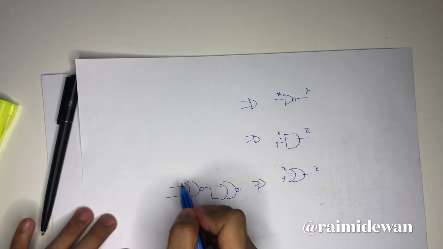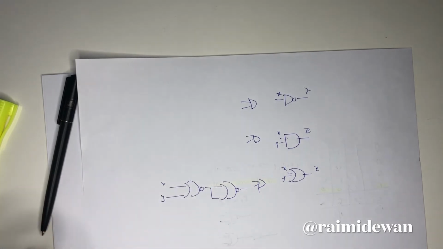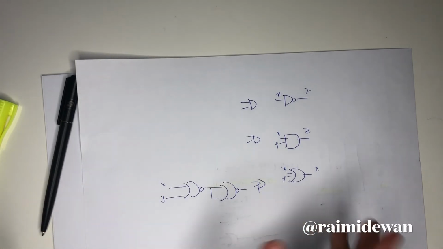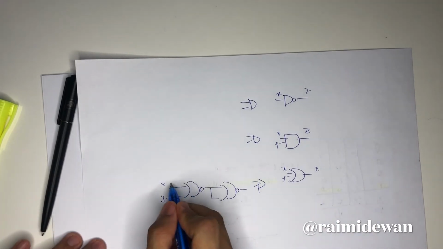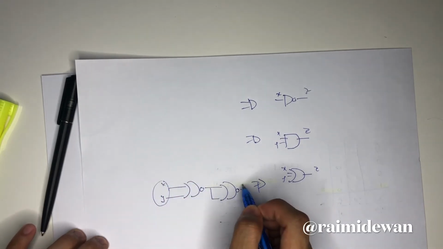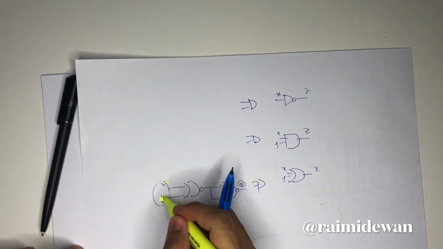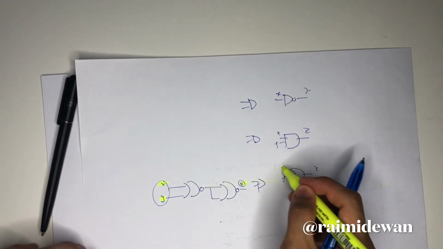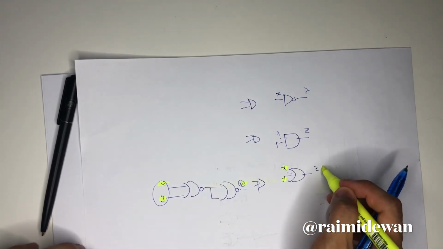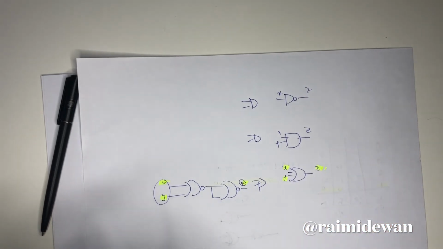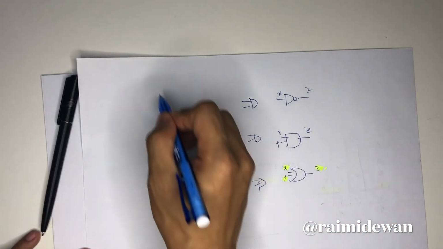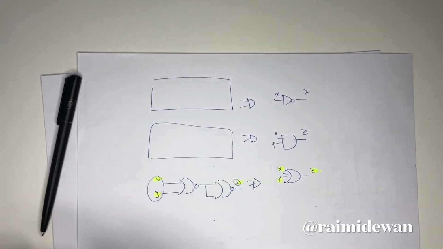You can test yourself, then you will see that this and this will have the same input here, and also the same output. Try yourself. If you have a problem, feel free to ask me.